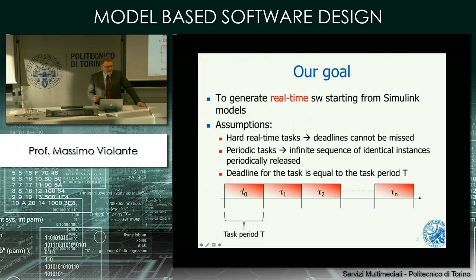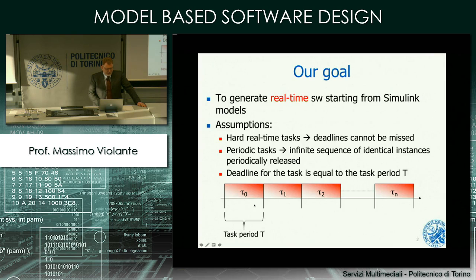That is the task, so the element in the operating system that we are using that will encapsulate the code resulting from code generation of the controller. So tau is the task that implements the instructions that put together, they give the same behavior as the model, the controller model, okay? Then this task is released periodically.